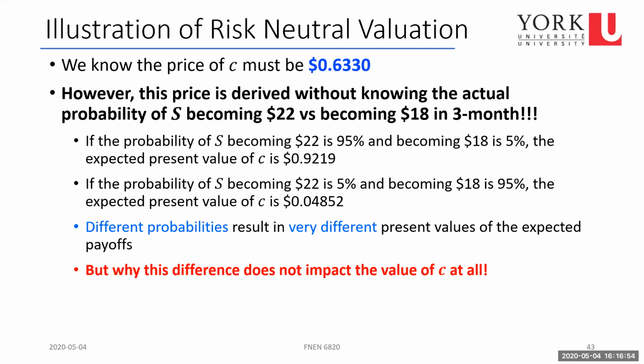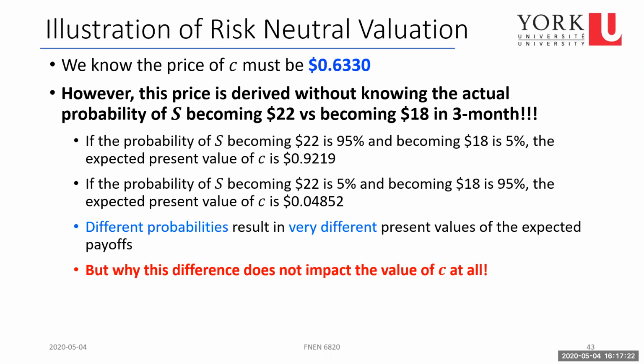If you look at the expected value, the expected value will be 0.9219, so 92 cents. Why? Because in the up case, the asset C is going to be worth $1. So 95% of $1 is 0.95, and you discount it back, you'll get 92 cents, right?